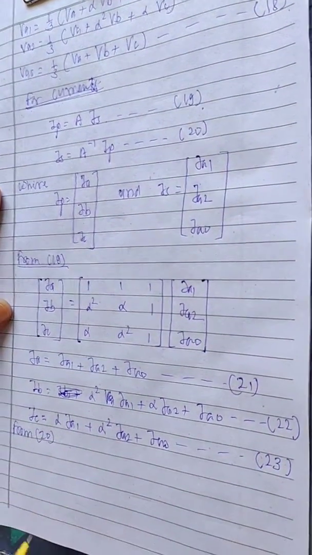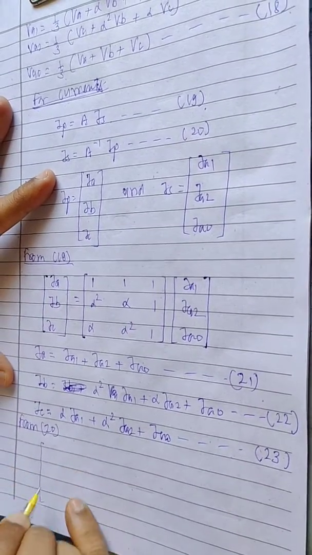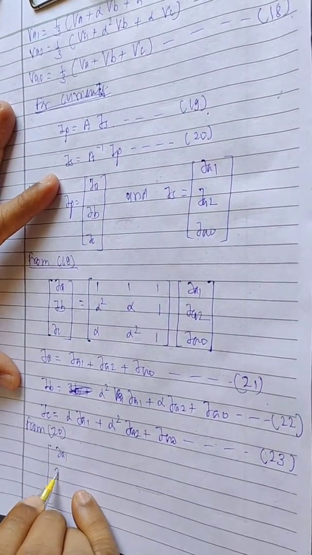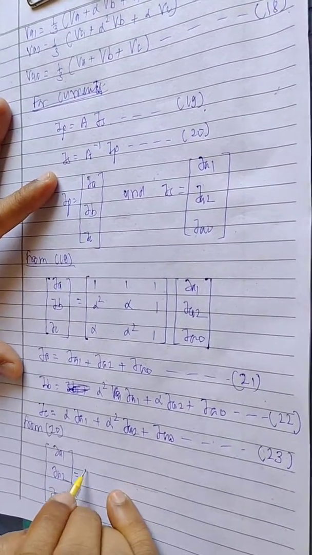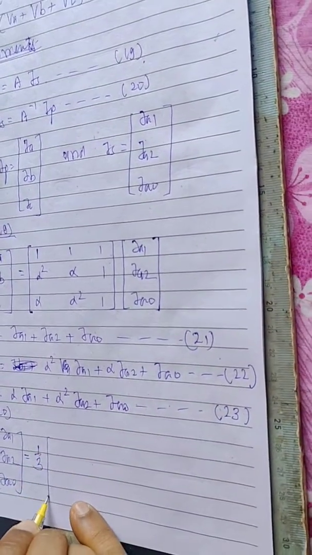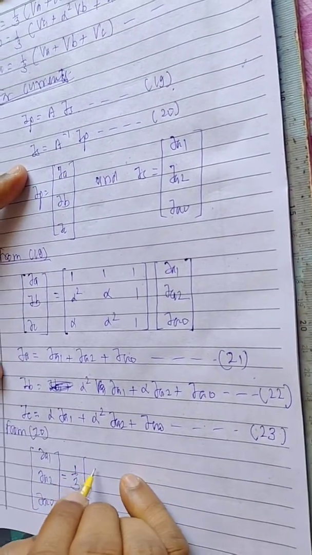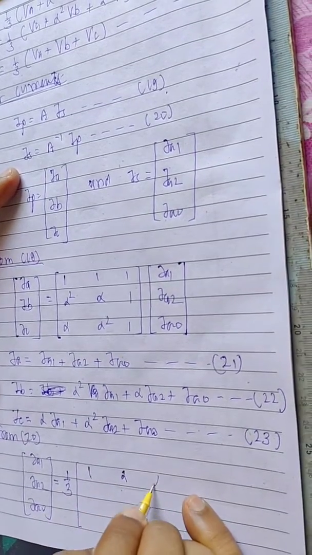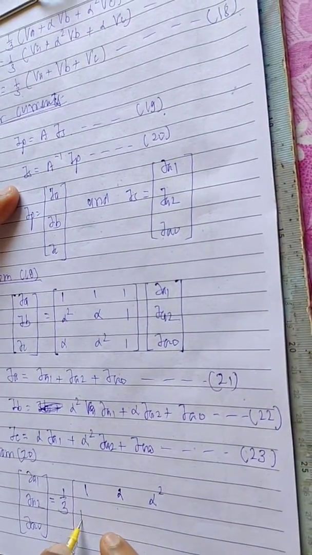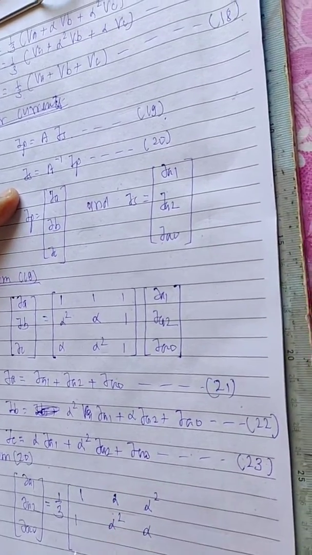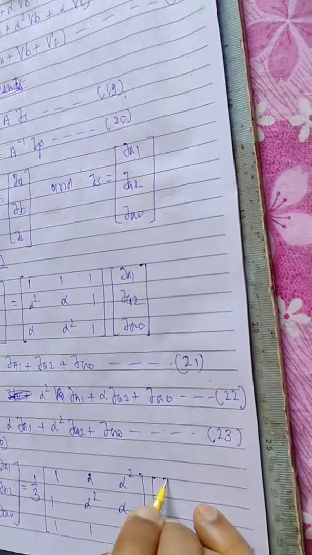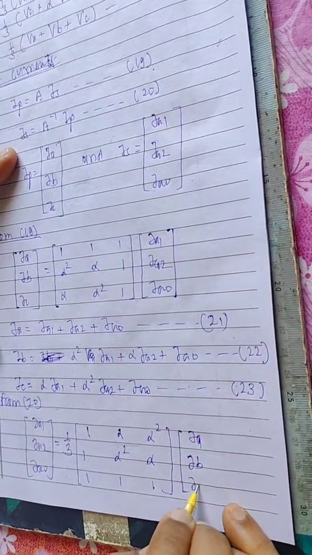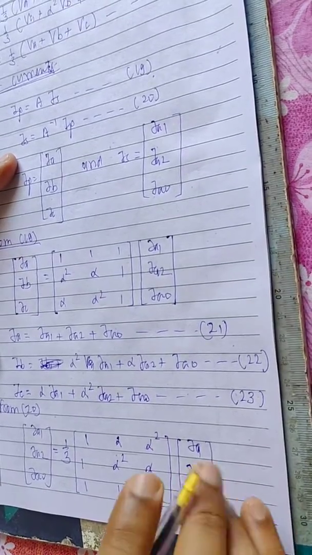From equation 20, IS is IA1, IA2, IA0, and A inverse we have seen is 1 upon 3 times 1 alpha 1, 1 alpha square alpha, 1 1 1, and this is IP, IA, IB, IC. So from this the symmetrical components can be determined.